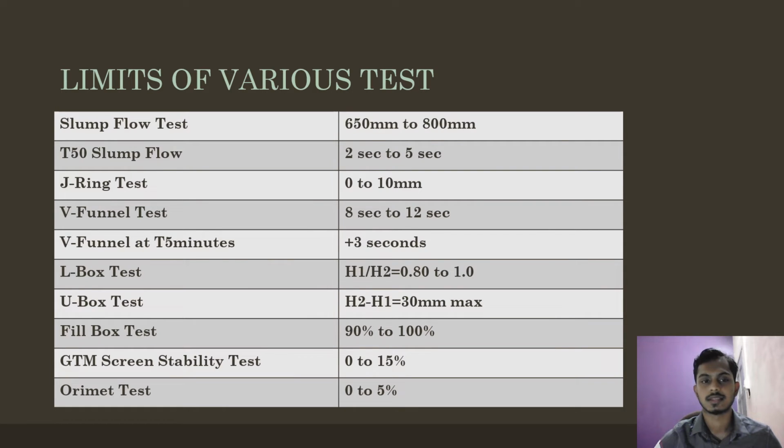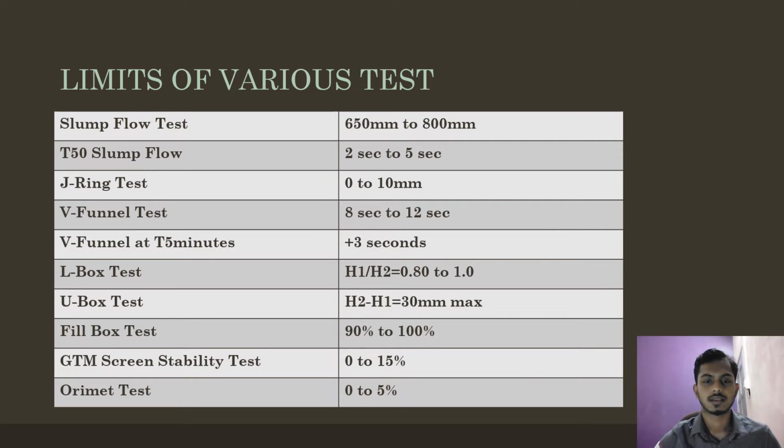Limits of various tests. Slump flow test: 650 mm to 800 mm. T50 cm slump flow: 2 seconds to 5 seconds. J-ring test: 0 to 10 mm. V-funnel test: 8 seconds to 12 seconds. V-funnel at T5 minutes: plus 3 seconds.